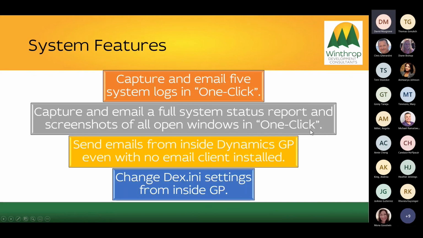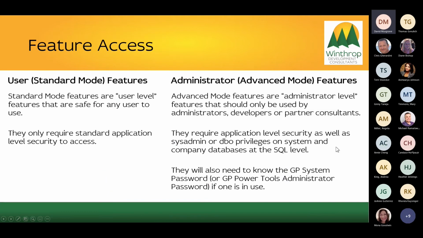System features give you things such as capturing logs with a single click. So if you've ever been asked to capture logs, you'll find this a lot easier. Capturing screenshots, sending emails, and changing some of the common Dex.ini settings. Features are broken up into standard mode features, which are user features. Basically, they're safe for any user to run.